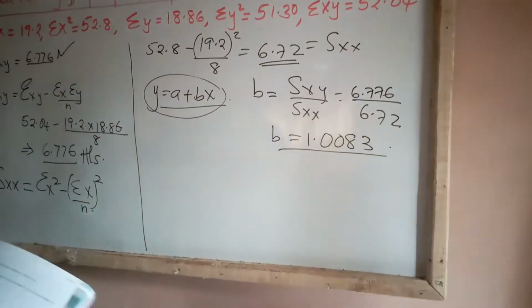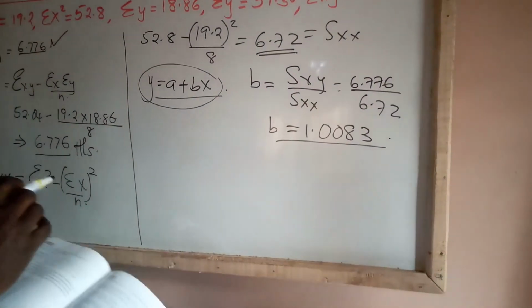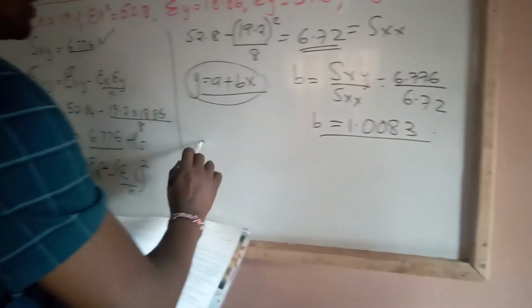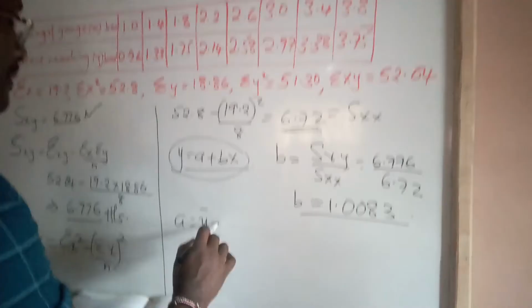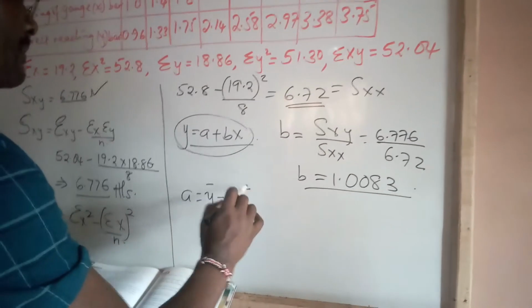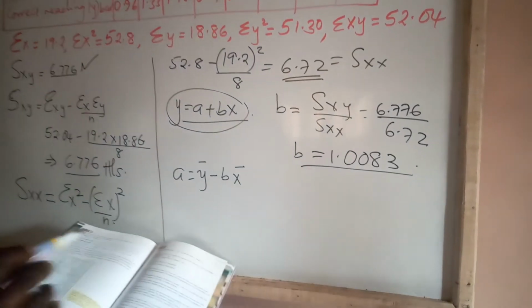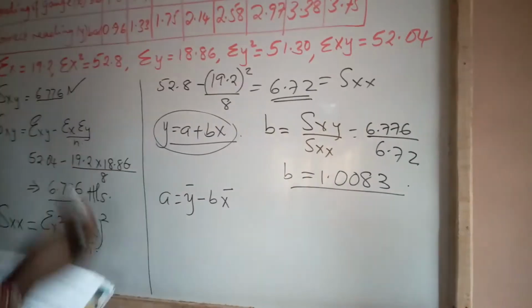Having realized our b, how do we get our a? Generally, a is given by the mean of y minus b multiplied by the mean of x. We don't have the mean of y, but we have sigma y.